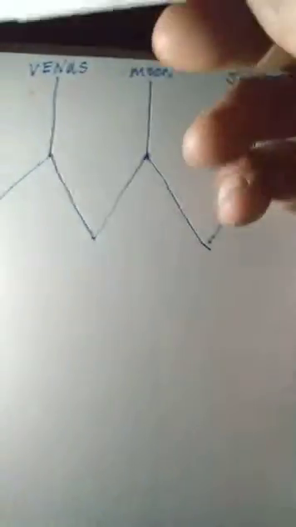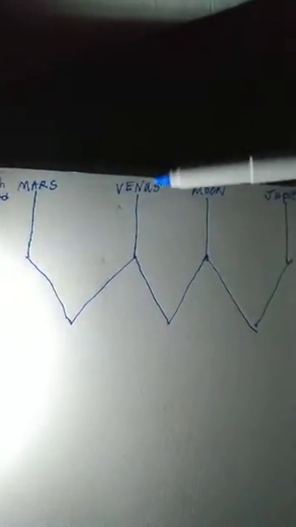So the 13th group is equal to 3. So it's third equals 3. So I put 3 here. It's third equals 3 because the first or 12th starts out with these 4 energies: Mars, Venus, Moon, and Jupiter.